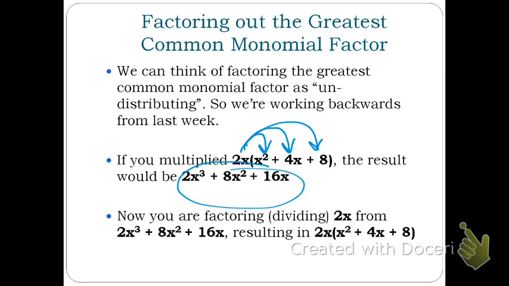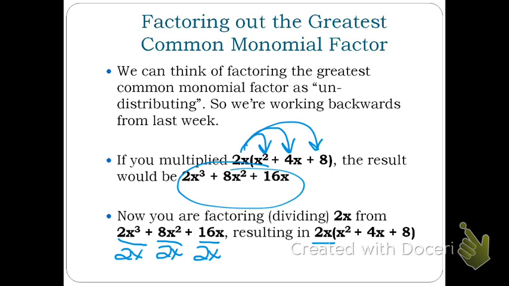So the way you would do that is you would divide the polynomial by its greatest common factor. So you take the polynomial and divide each term by the greatest common factor, which they figured out was 2x. Divide each term by 2x.